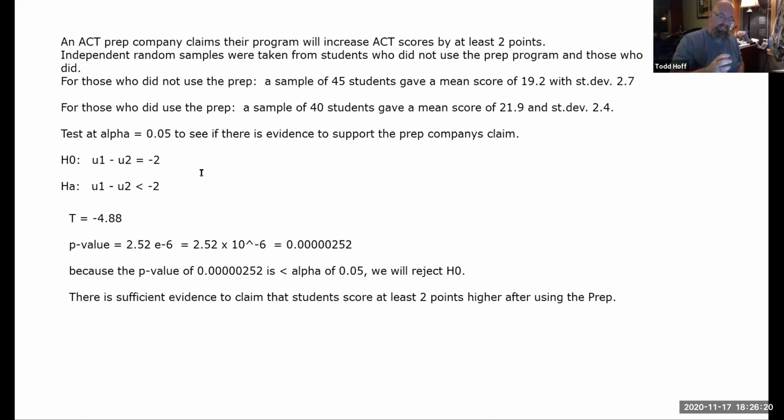We're not collecting evidence in support of anything. We're trying to collect evidence against the null hypothesis. And we did manage to gather enough evidence against this null hypothesis that we rejected it, which means the only other possibility is the alternative. So we didn't prove the alternative, but that's the only option that's left.